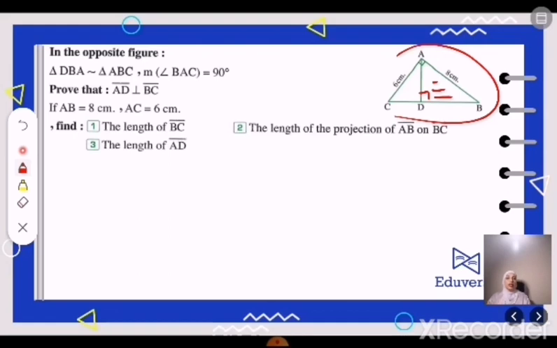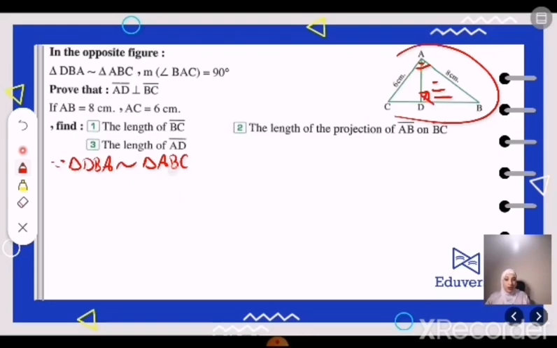Okay, let's use similarity to get this. We will say that since triangle DBA is similar to triangle ABC, which two angles do you think are equal? I need angle BAC, this angle here, because I needed to see if it's equal to this angle or not.